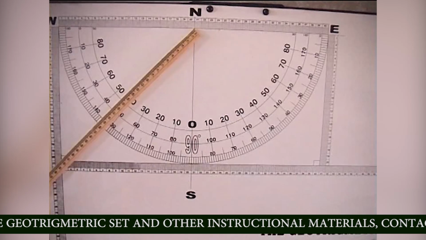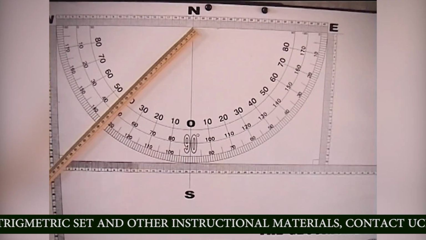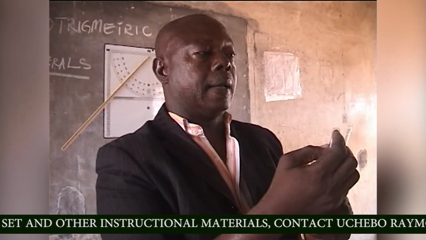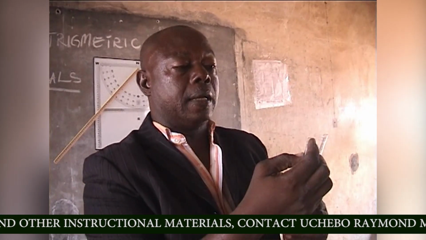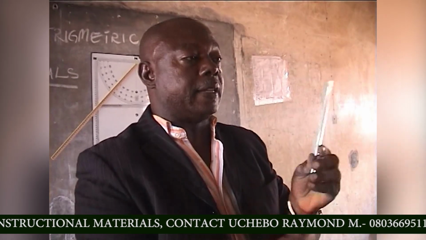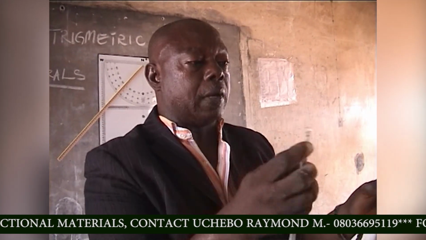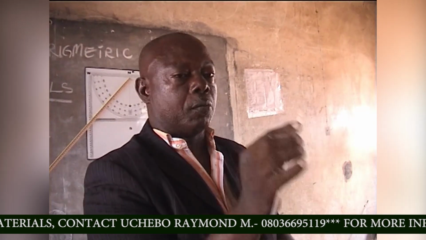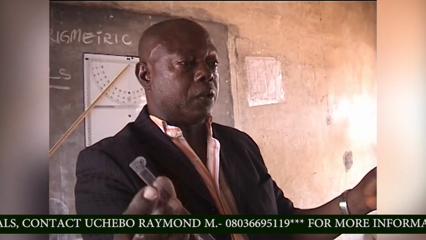Anytime you are putting one ruler, use ruler 6, the one on the right hand side. The one that has a depression underneath is ruler 6. The one that has a depression on top is ruler 7. Anytime you want to use the ruler, you must use it this way. Do not use it this way. And when I ask you to join it together, you join it this way.